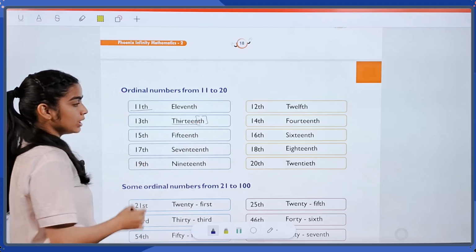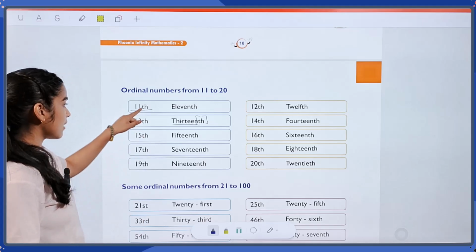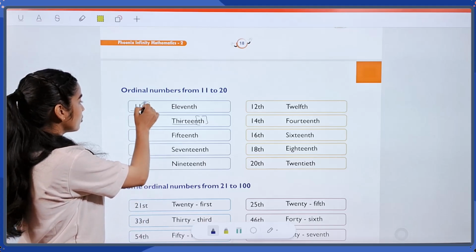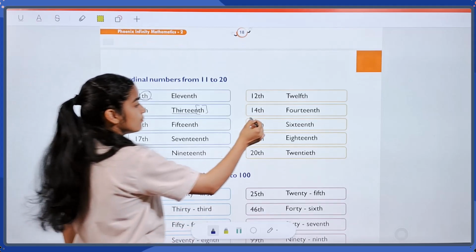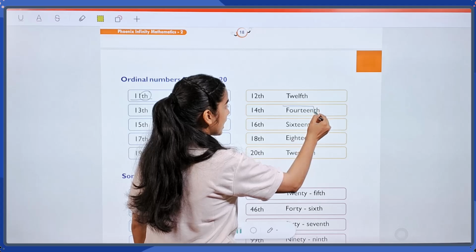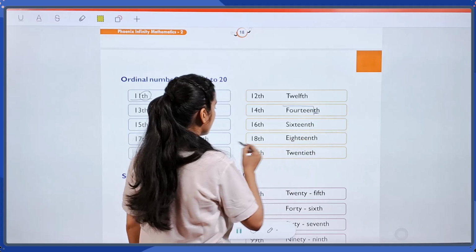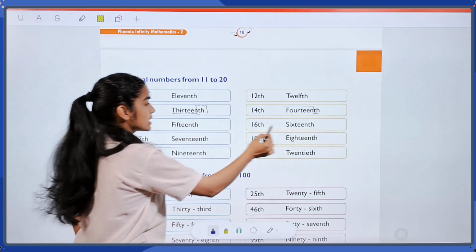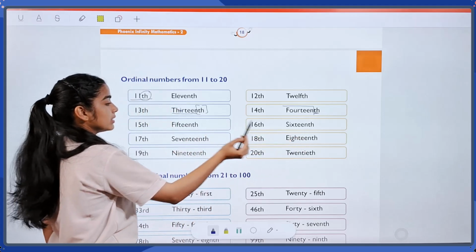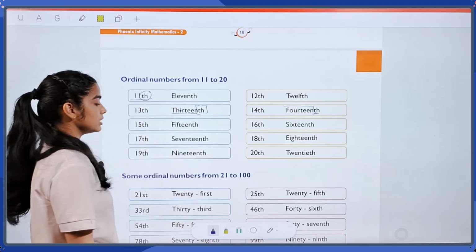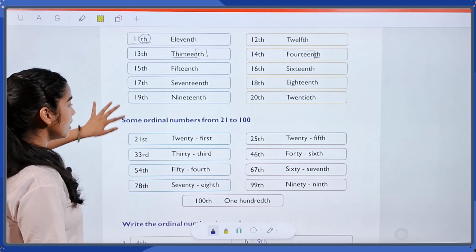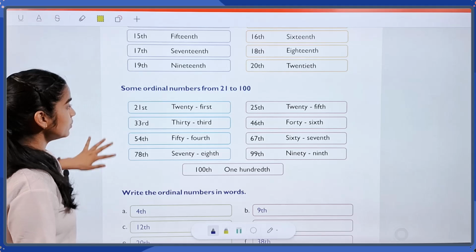So what you have to do is just add th after your numerals and th after your number name. So next we have 14. The same spelling, but we just add th. Now 15th, 16th, 17th, 18th, 19th and 20th. So these are your ordinal numbers from 11 to 20.